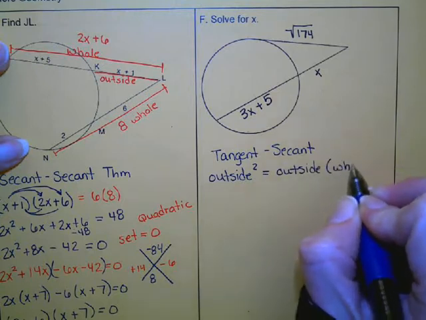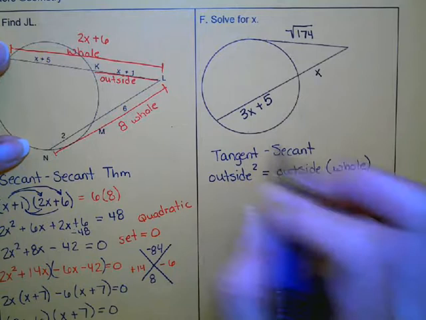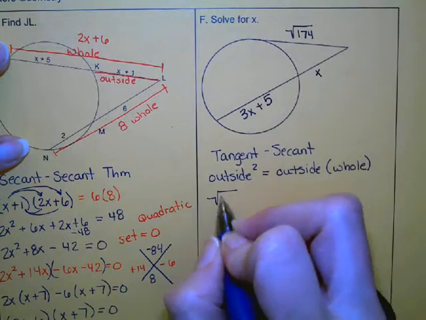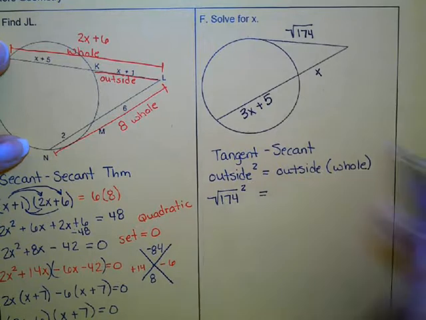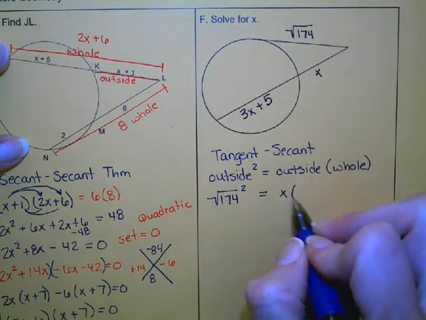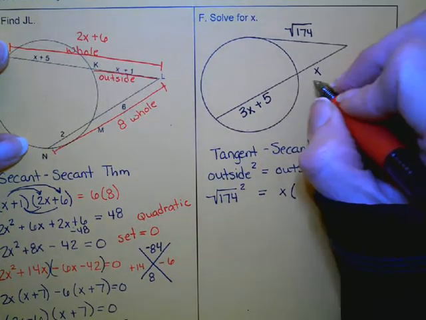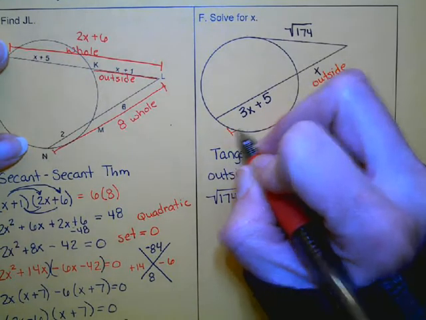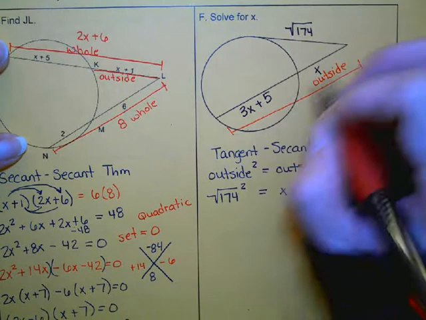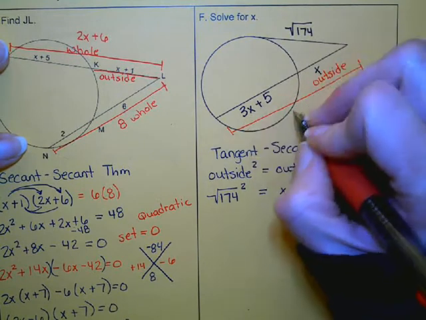So if you take the square root of 174, and we're going to square that, the outside in this picture is x. This is outside. And the whole length would be adding those together. So 3x and x gives me 4x plus 5 is my whole length.